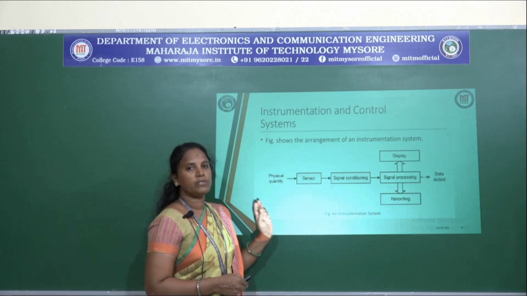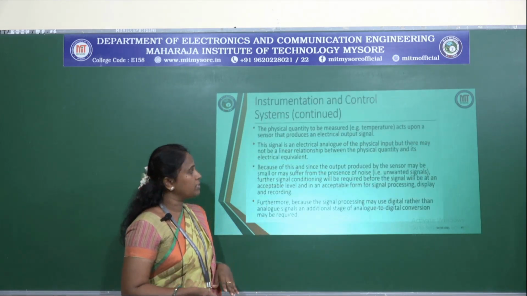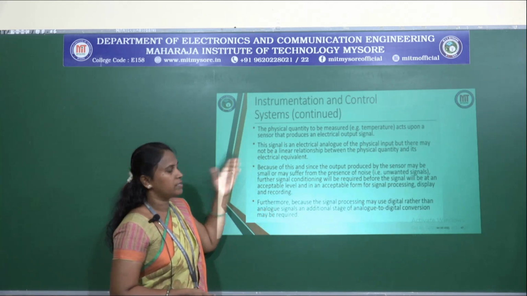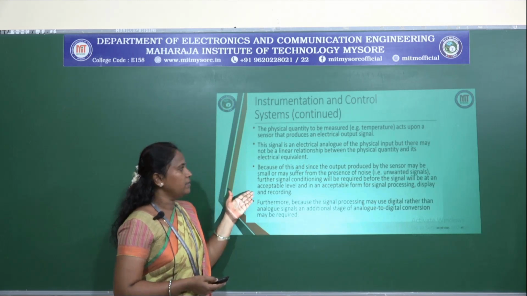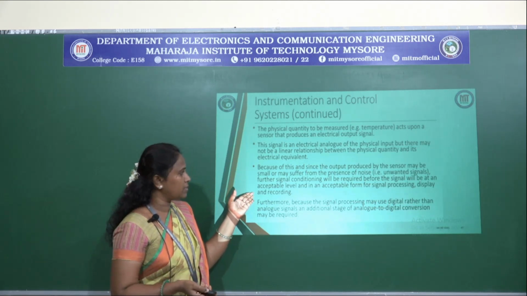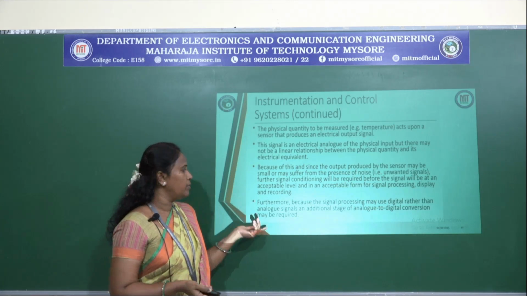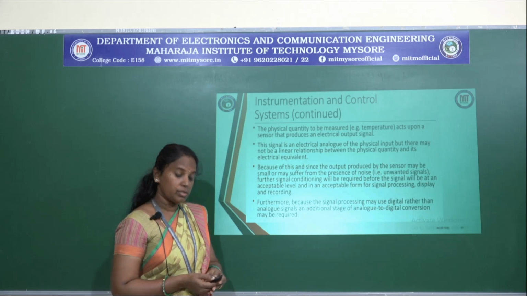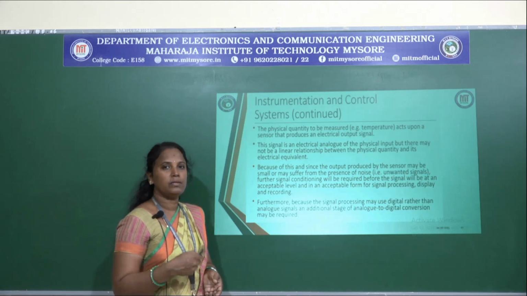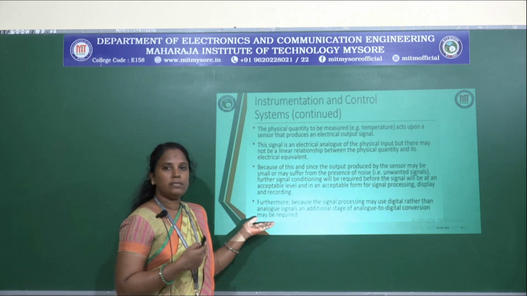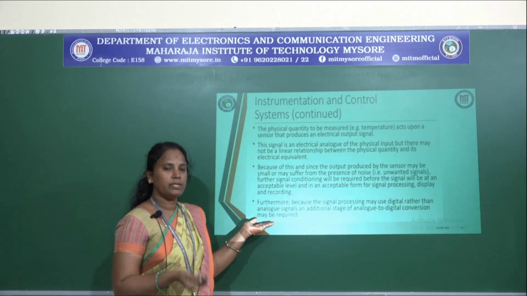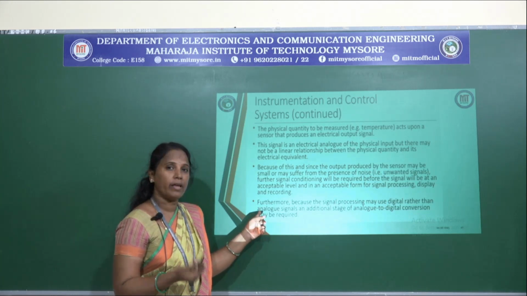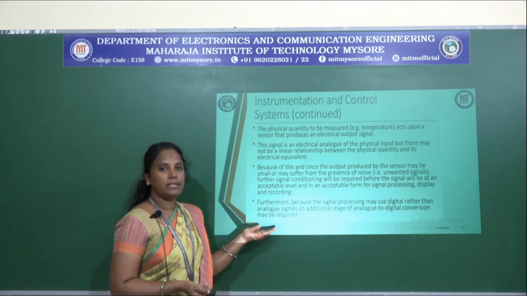The main blocks that constitute your instrumentation system are, as I said, the physical quantity, then the sensor, then the signal conditioning system, where noise is removed, and then the signal is processed. You can process and display your data in digital or in analog form.